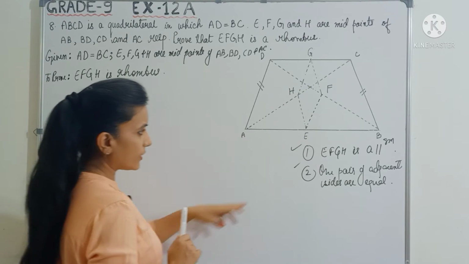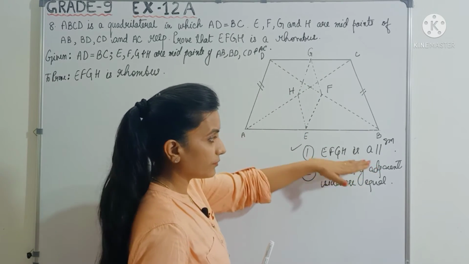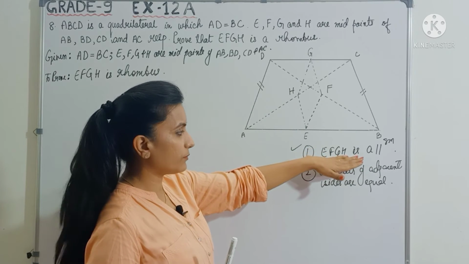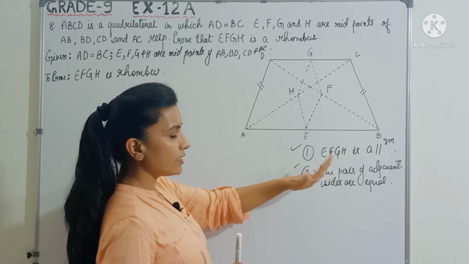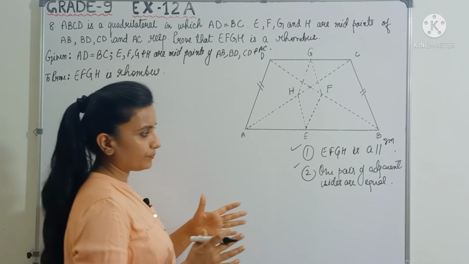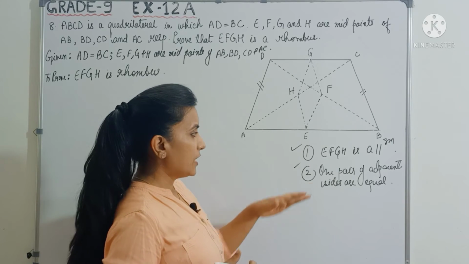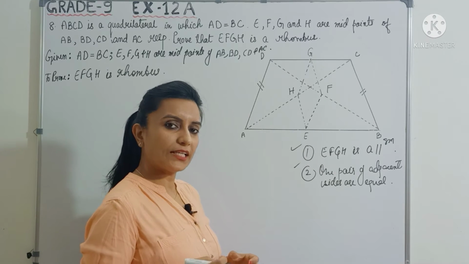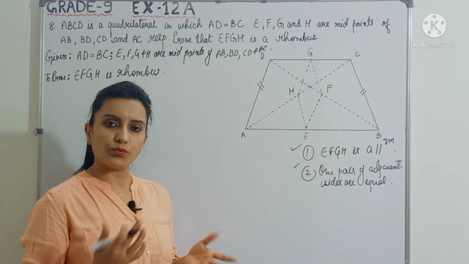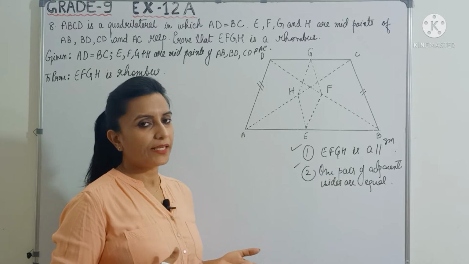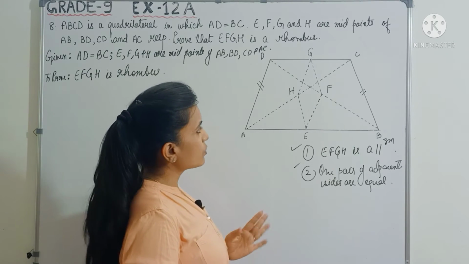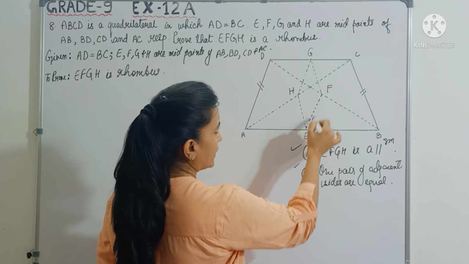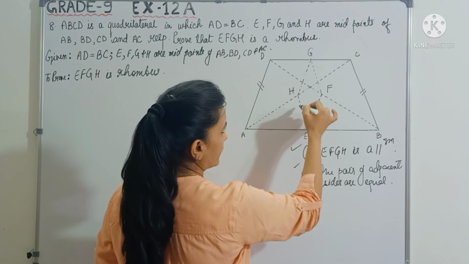So first, how do you show that EFGH is a parallelogram? This also we have done before, right? If you remember. Now this is very simple. That in a quadrilateral, if you remember, if you show that one pair of opposite sides are equal and parallel, it becomes a parallelogram, right? So here we have to show EFGH is a parallelogram.